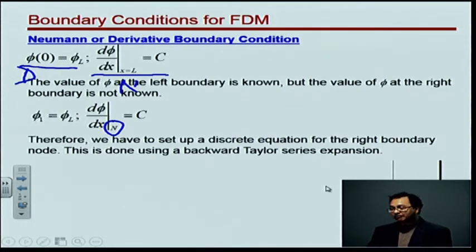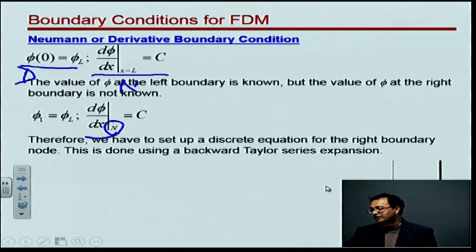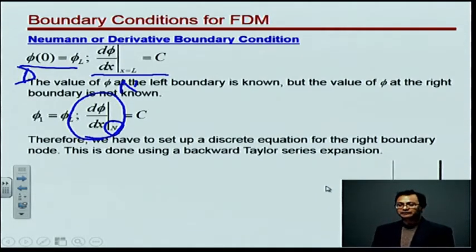Again, remember, our goal, as we said, is to satisfy not only that boundary condition, but also the governing equation at the boundary, both. A lot of textbooks, what they will do is they will find a finite difference equivalent of that, set it equal to C, and that's your equation, period. That is the partially correct way of doing it, because that again doesn't satisfy your governing equation at the boundary.